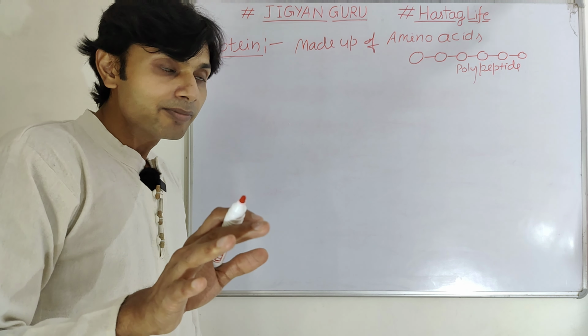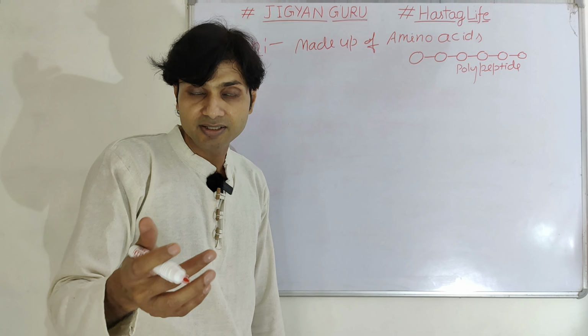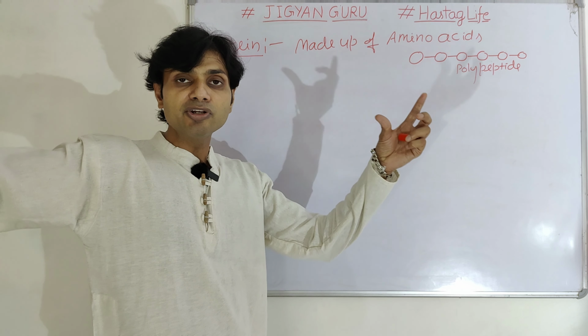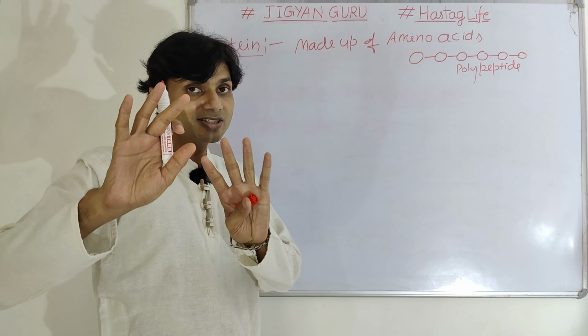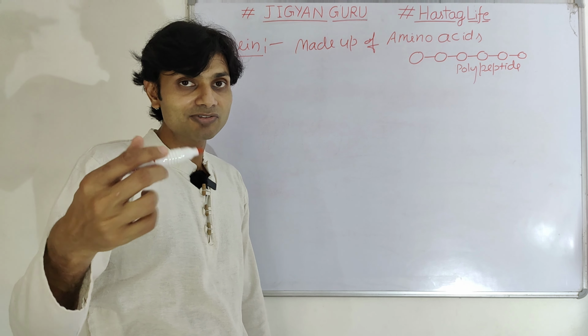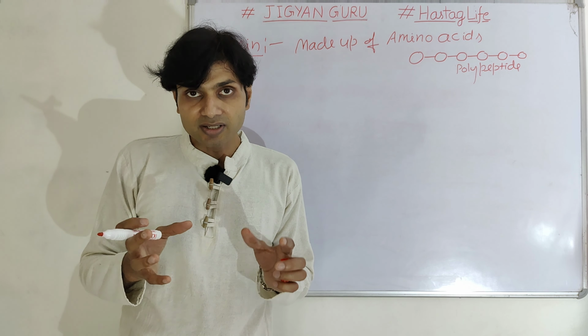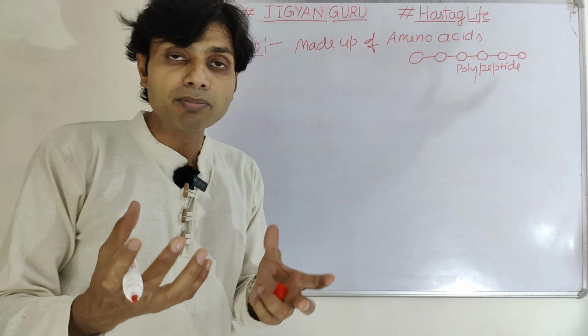Now in a protein, there could be more than one polypeptide. Remember, one chain of amino acids is known as a polypeptide, and generally it contains more than 50 amino acids. But in a protein there could be multiple polypeptides.